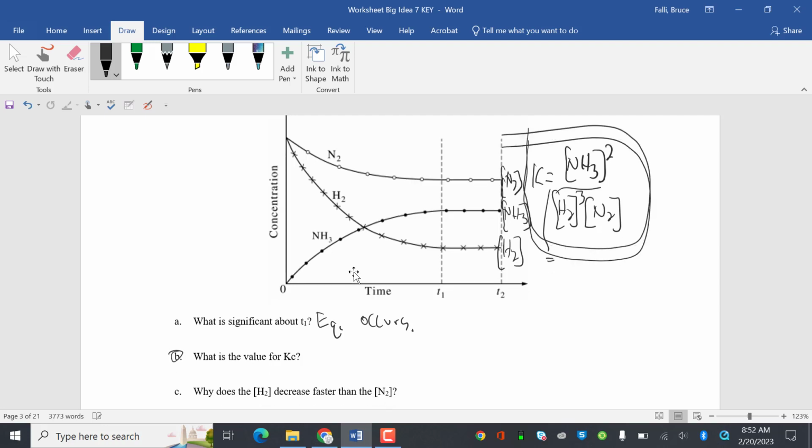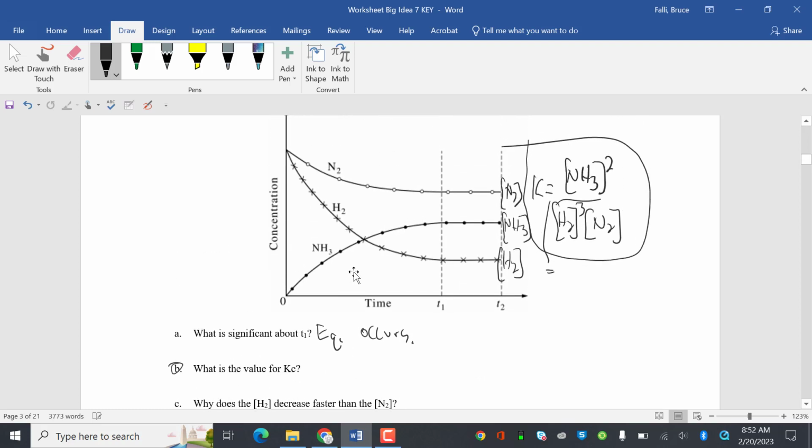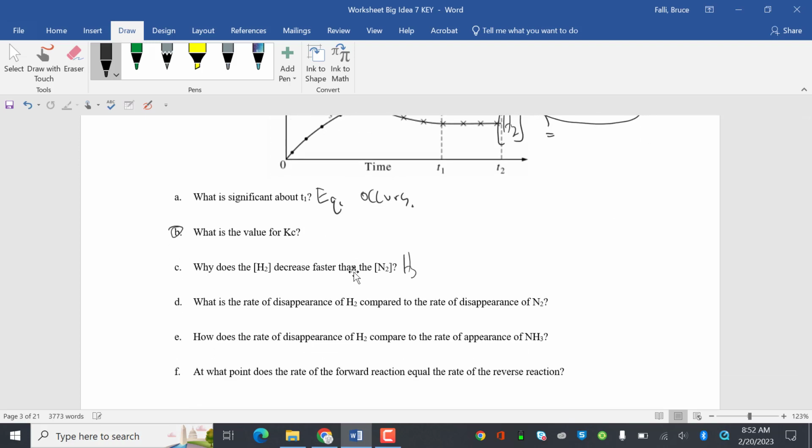Why does H2 decrease faster than NH3? Well, again, notice that the slope is more. H2 has a larger coefficient. What is the rate of disappearance of H2 compared to the rate of disappearance of N2?